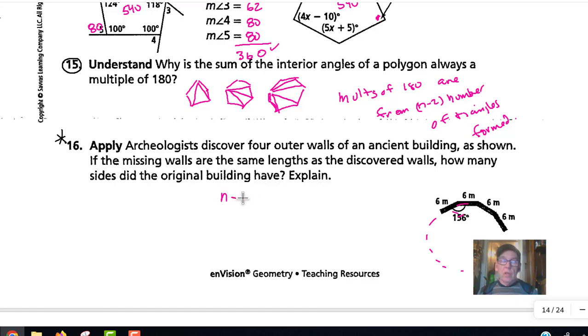So it being regular, we can use n minus 2 times 180 divided by n, and they're telling us that each one of those inside angles comes out to be about 156 degrees. So you can solve this and figure out what n is. N minus 2 times 180 divided by n came out to be 156.